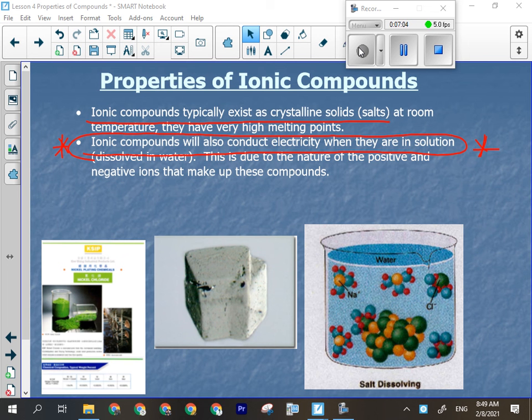So this diagram here on the right is showing us why those solutions conduct electricity. That's what we were talking about a minute ago. When I put a big chunk of salt into water, it very quickly starts breaking up, dissolving, and turning into negatively charged chlorine ions and positively charged sodium ions.